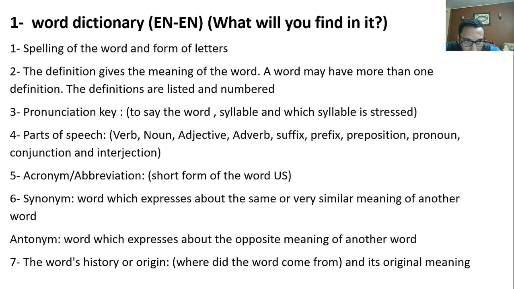For example, we can find big, large, okay, they are synonyms. Antonym, which expresses about the opposite meaning of another word. The word's history or origin: where did the word come from and its original meaning?